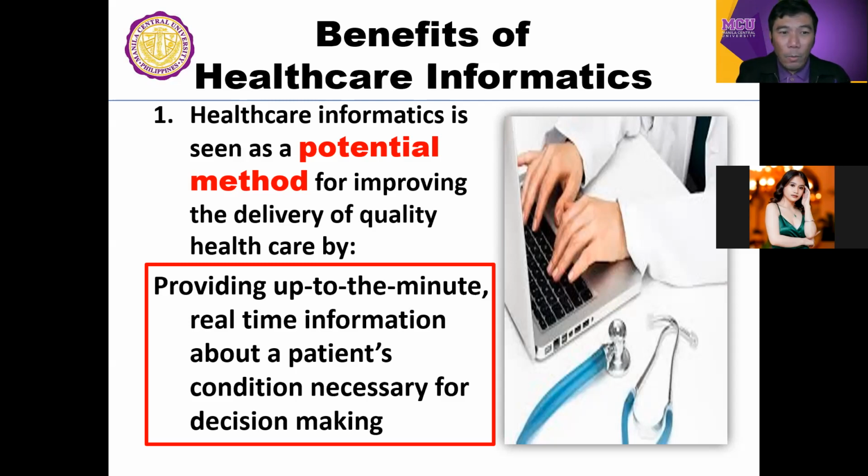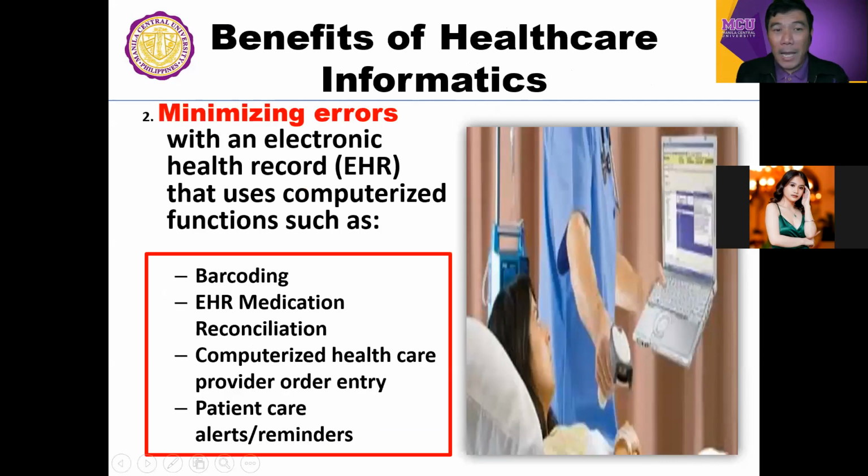Another is when we talk about minimizing errors. Nowadays we are using QR codes, barcoding, electronic health records, medication, computerized healthcare provider order entry, and we have the patient care alerts and reminders.